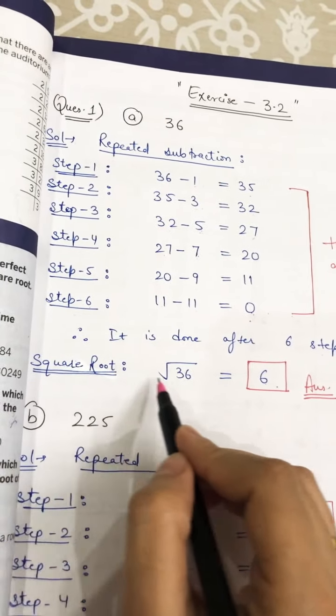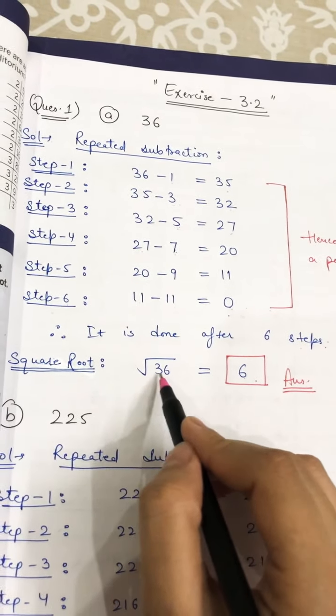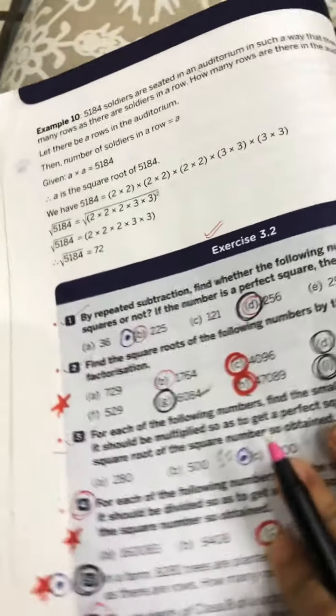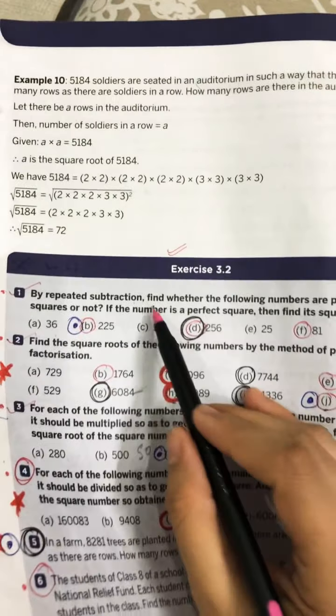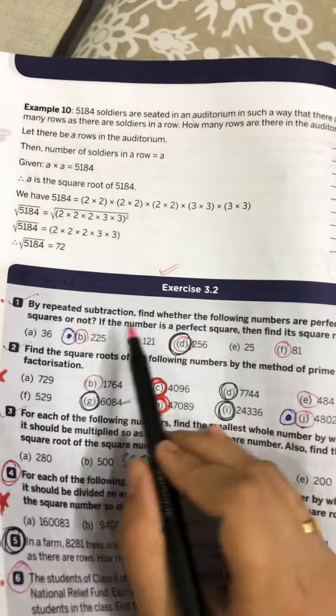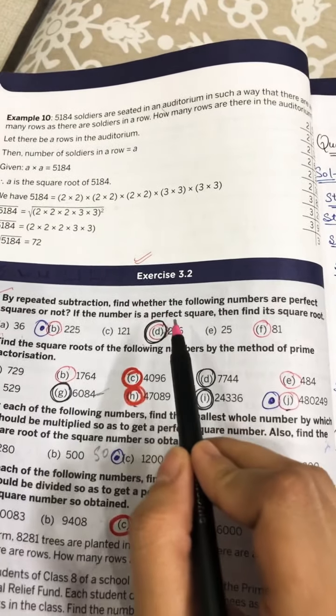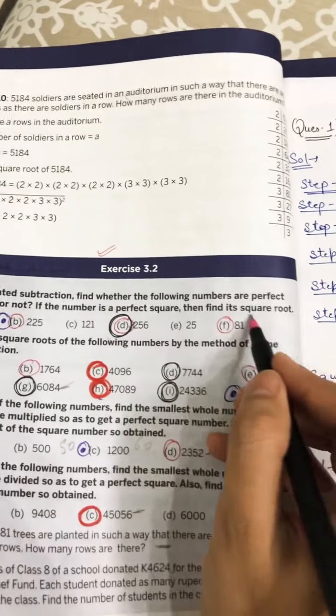So the square root of 36 is equal to 6, because in the question they have asked you to find whether it's a perfect square or not. Once you find out whether it's a perfect square or not, then you have to find the square root.